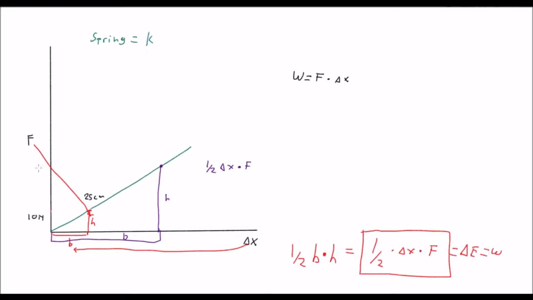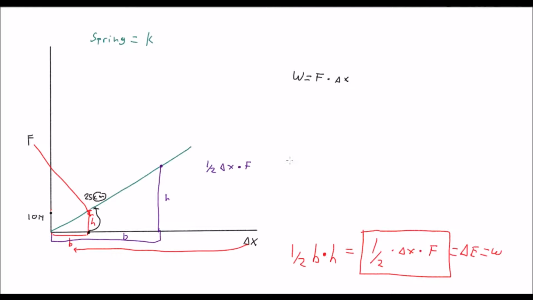Okay, so my force, 10 newtons. My change in position, 25 centimeters. Now, how would I do this? Well, first off, we have a problem. That's in centimeters. If we think back to our units, we're dealing with forces here and delta x, we were going to be dealing with meters.